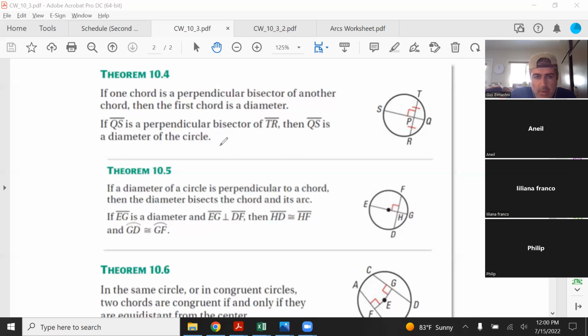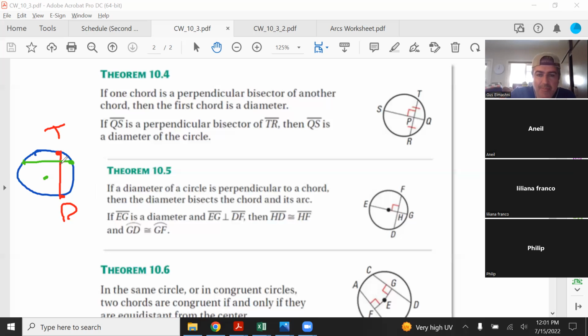If you think about it, what if you had something like this here? Here, I'll draw a chord. We use the same letters, T and R. And so I have another chord, but it's not a diameter, right? Clearly it's not a diameter because the center would be over here somewhere. That's not cutting that red chord in half.